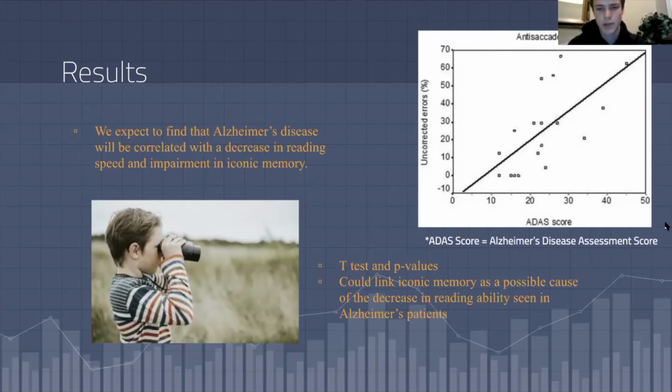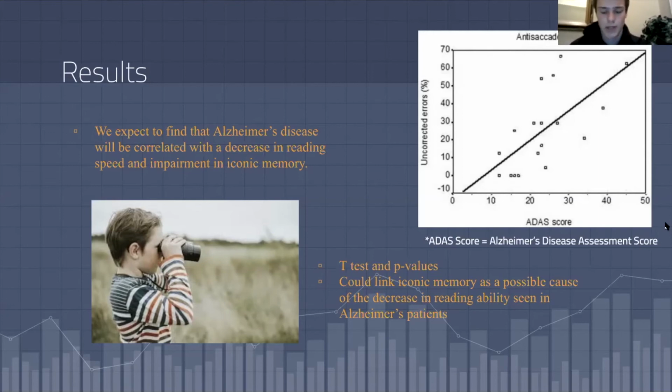So if we get a p-value that's lower than 0.05, which is a pretty common threshold for whether data is significant, then we'll feel pretty safe in going ahead and saying that, yeah, there is a link between presence of Alzheimer's and these deficits or impairment in iconic memory and reading speed.